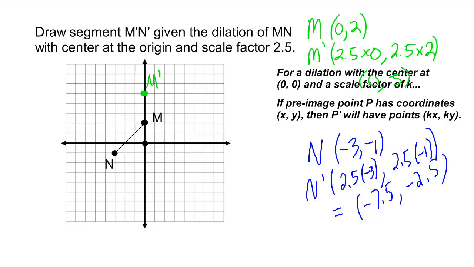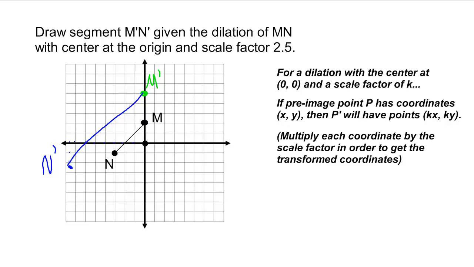Don't get too worried about the halves on the coordinate plane. Just because they're not tick marks there doesn't mean they don't exist. So -7.5 means 7 full units and half another. And then we've got to go down 2.5, so that's down 2 units and then half another. You end up in the middle of a box. That's okay. It's still N prime. And then you can draw a segment connecting the two, and you've transformed the whole thing.